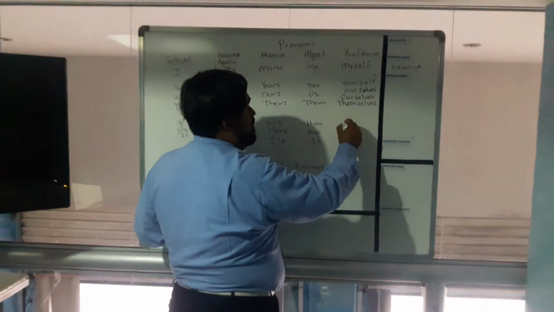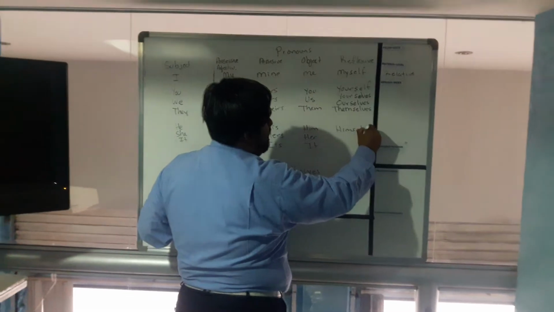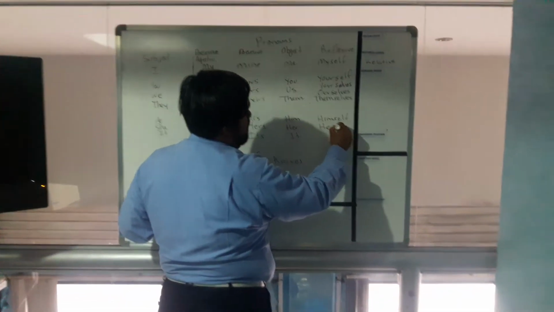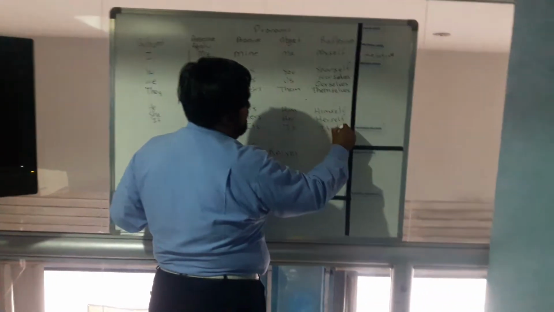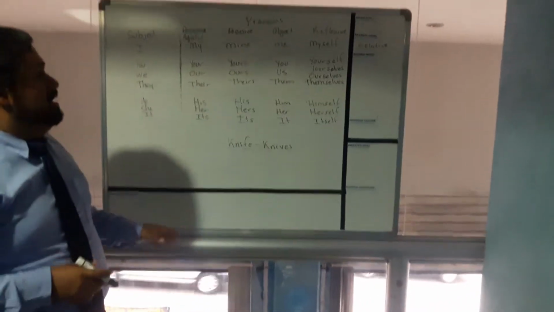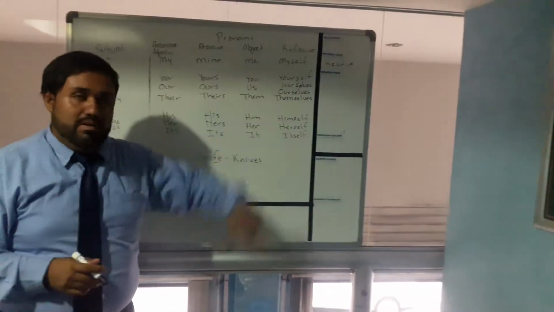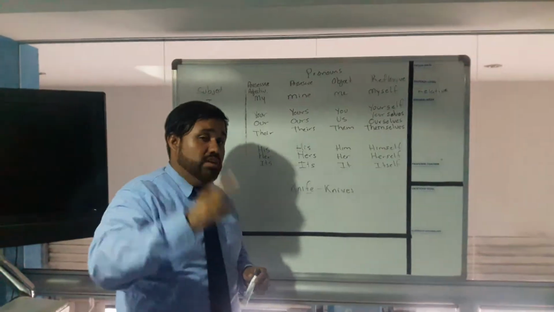Then we move to the third person: himself, herself, itself. So as you can see, we have five different pronouns, but there exists one more.